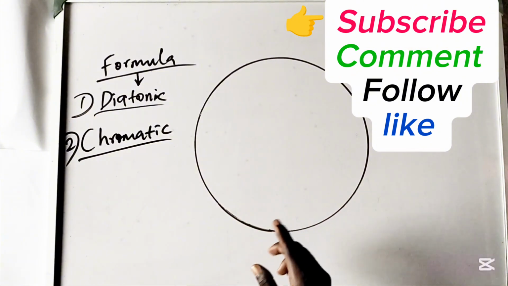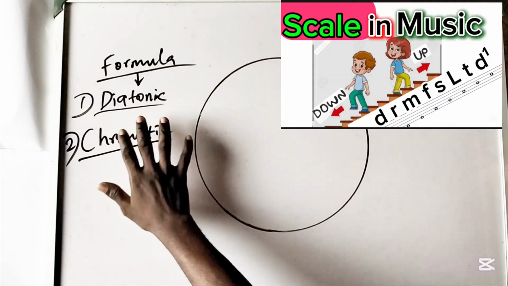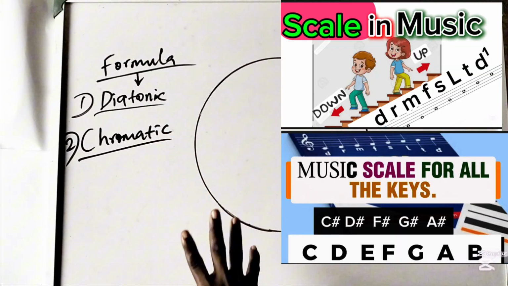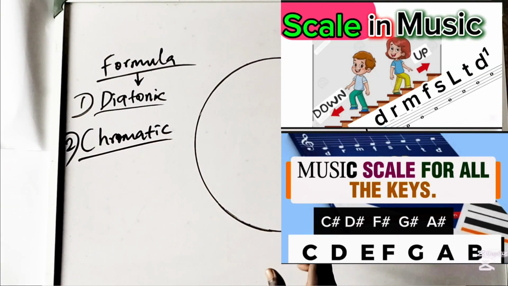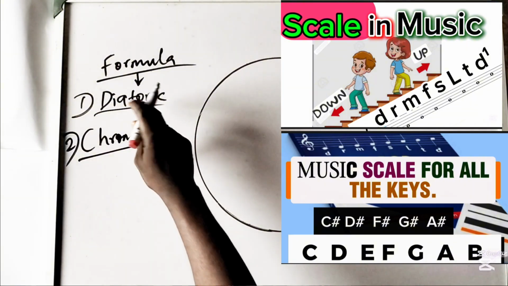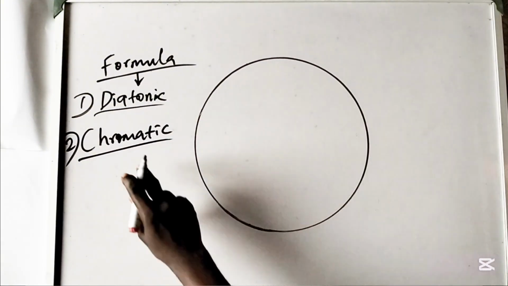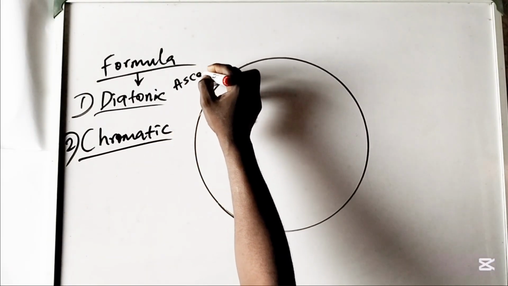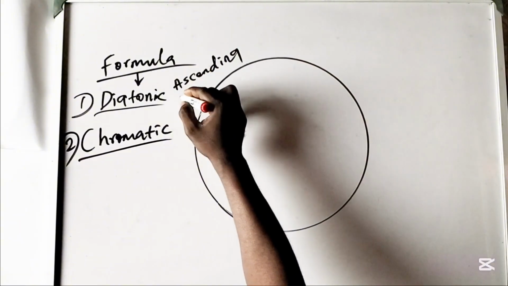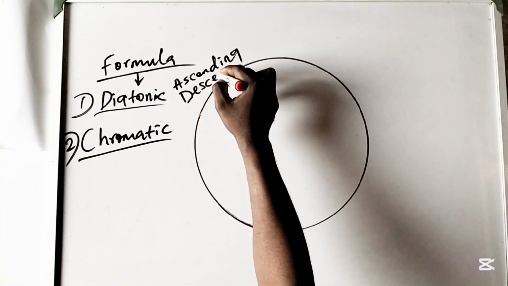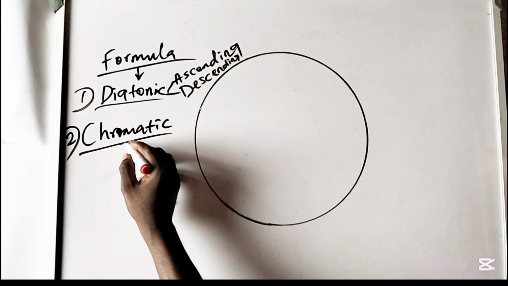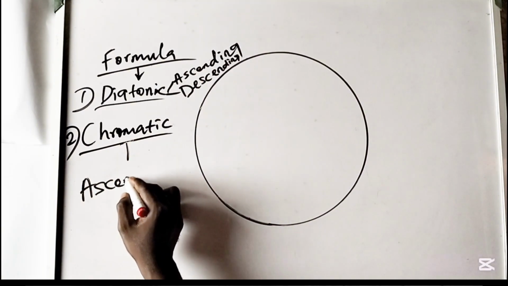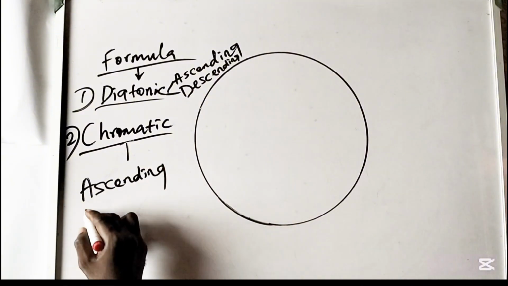All these formulas, you know them. If you watch my previous video, I have treated this diatonic scale. I have treated also the chromatic scale. So if you know them, it will be easy for you to navigate through all these things. But in both scales, we have what we call ascending and descending.